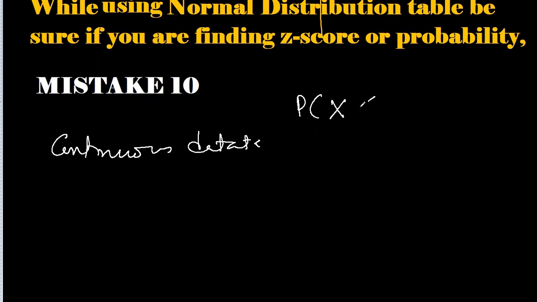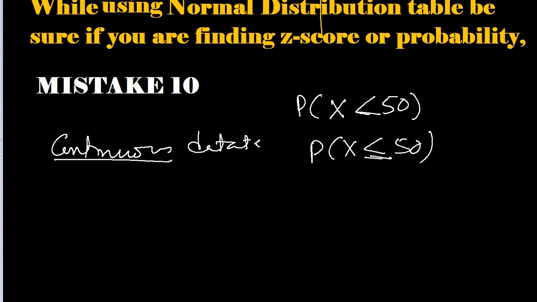So you might have observed that if x is less than 50 or x is less than or equal to 50, in both cases, we don't even bother whether this is an equal sign or not, right? Why? Because it's continuous data. 50 is closer to 49.999, something like this, right?